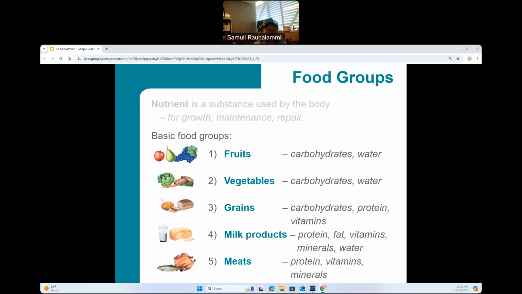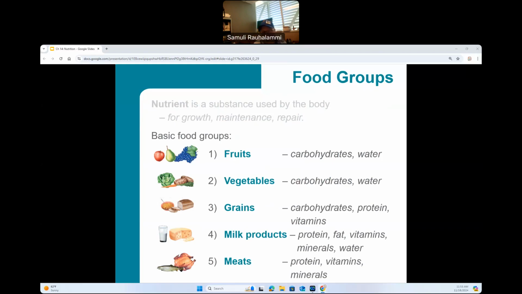The final group that we see is going to be meats and meat alternatives. Examples would be meat, fish, poultry, eggs, seeds, nuts, nut butter, soybeans, tofu, and other legumes such as peas and beans. Major nutrients that we find in meats include proteins and vitamins like niacin and B6, and minerals like iron and zinc.